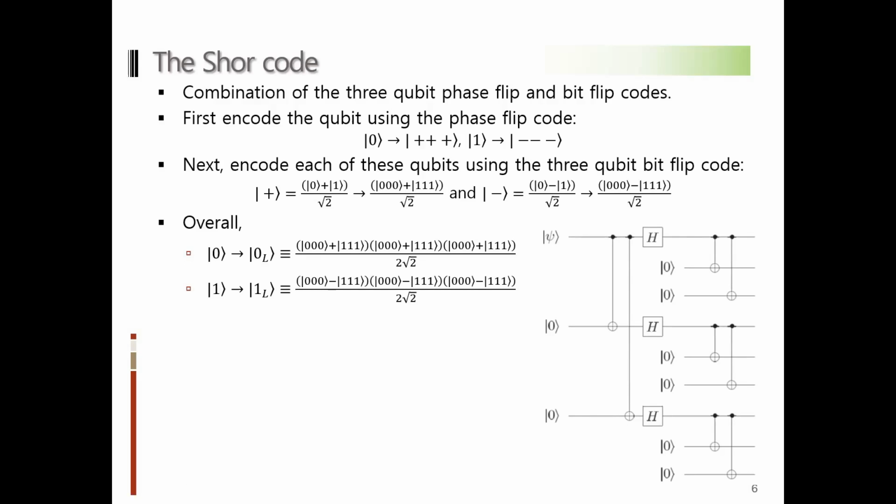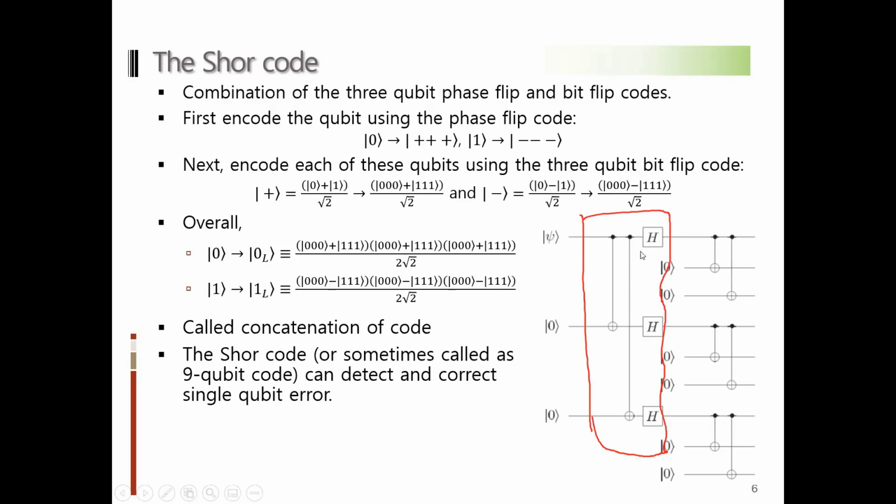The first stage, corresponding to here, will implement this one, and then the next stage will extend each of the qubits to 3 qubits. So it is a concatenation of the encoding scheme, called concatenation of the code.